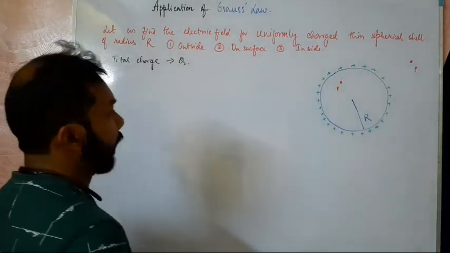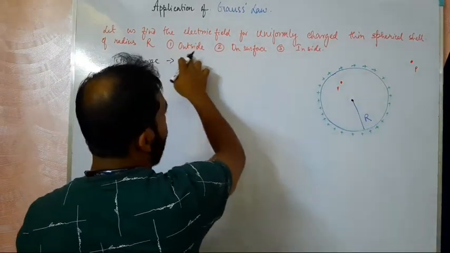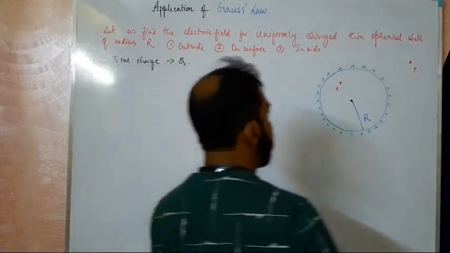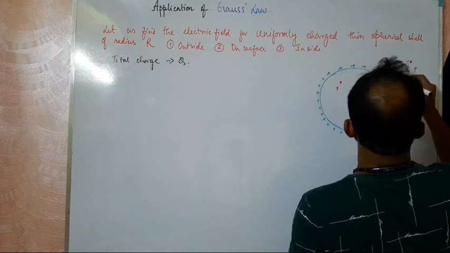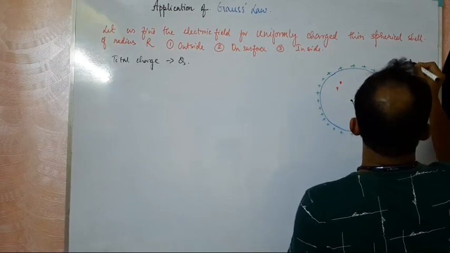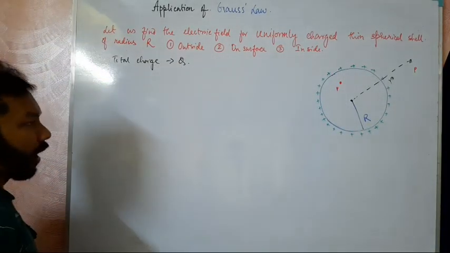We need to find the electric field. First, outside: let P be the point outside the sphere, and let the distance of P from the center be r.